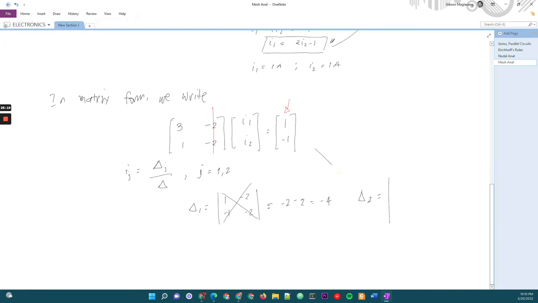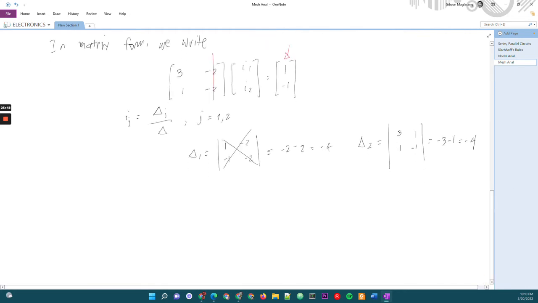You get this. Okay. Three, 1, then 1, -1. Okay? If you do the determinant, imong multiply katong cross multiply siya kaning the same nga process. So we have -3 minus 1. Okay? So this is -4.